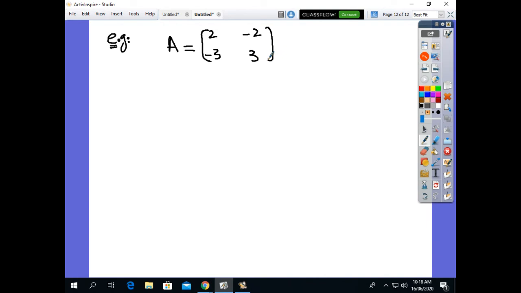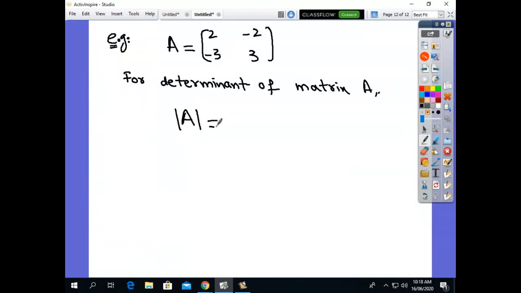We find the determinant of matrix A. Determinant is equal to 2, -2, -3 and 3.